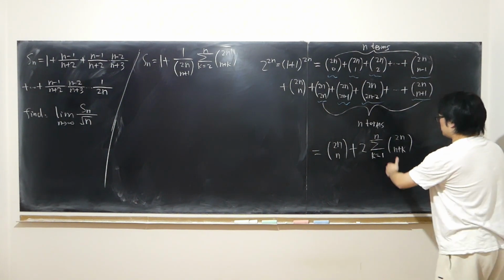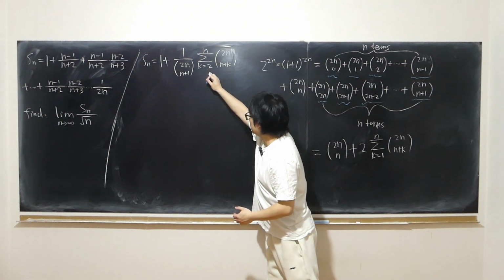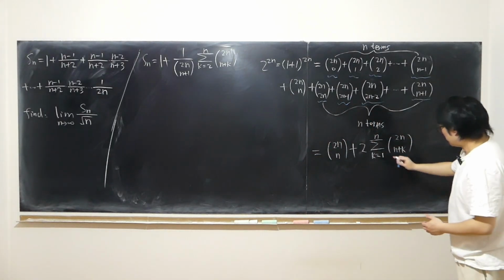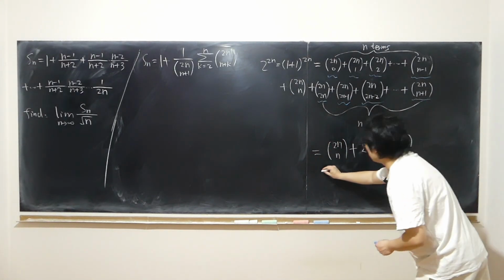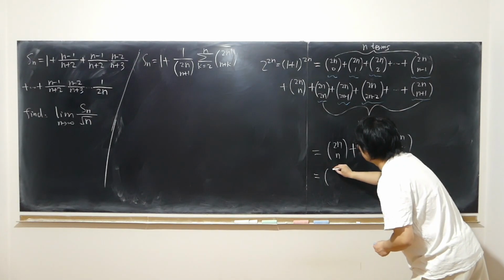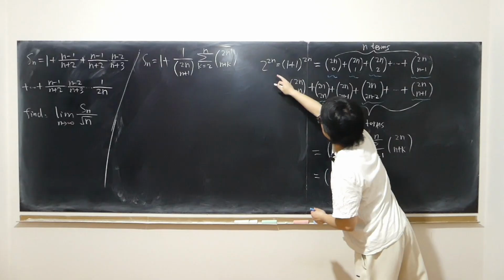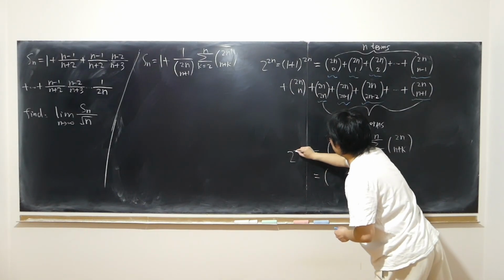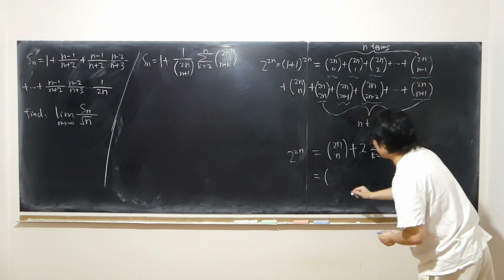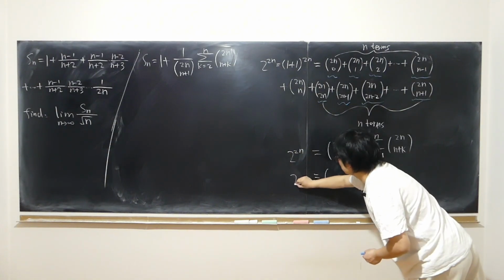Now this almost looks the same as this one, except here we start from 2, there we start from 1. So all we have to do is remember the whole thing equals 2 to the power of 2n.